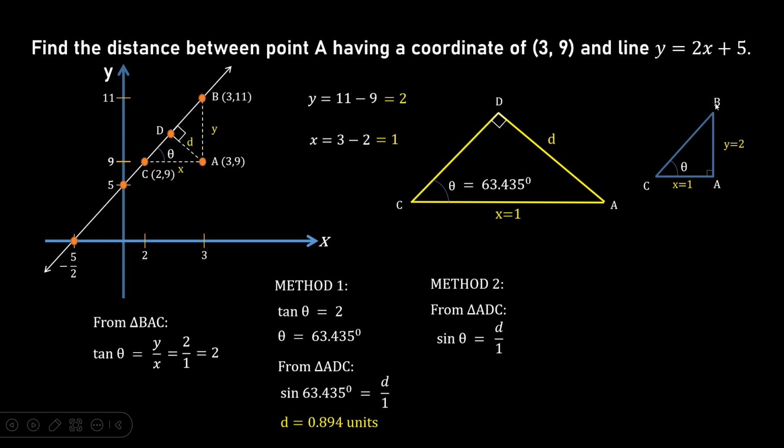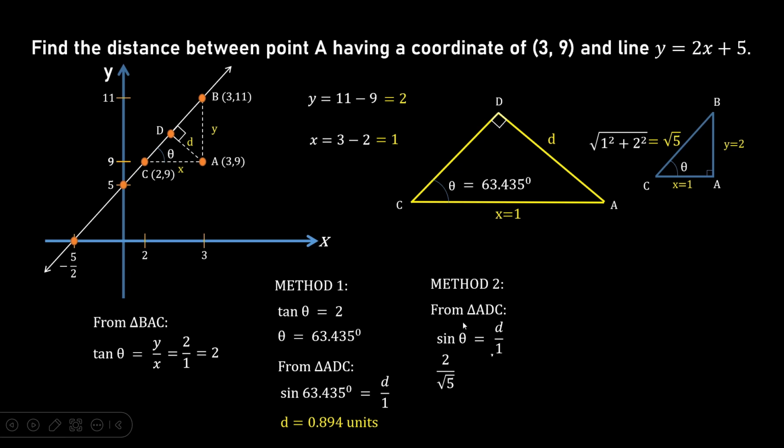So let's first compute the hypotenuse of triangle BAC using the Pythagorean theorem. So we will get the hypotenuse as the square root of 5. From this triangle, the value of sine theta is opposite, which is 2, over the hypotenuse, which is equal to square root of 5.